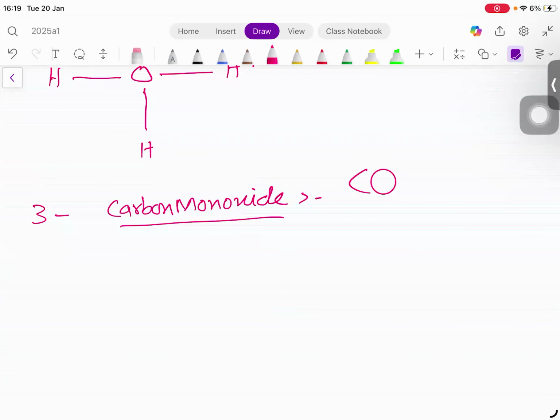Carbon monoxide. Carbon has 4 valence electrons. It shares electrons with one oxygen. Now what next? Oxygen has a complete octet.